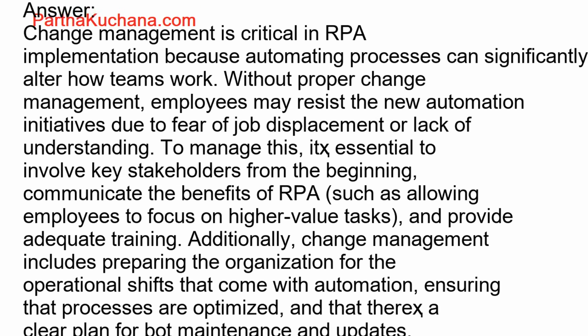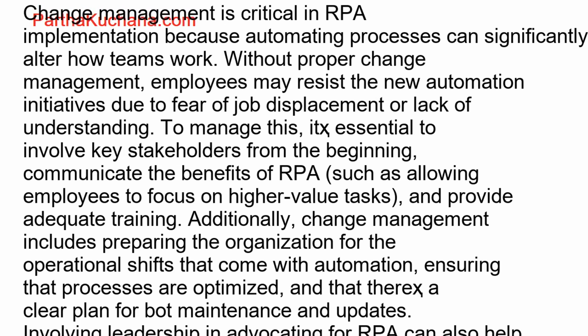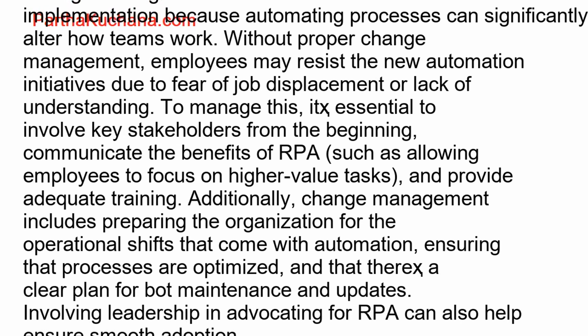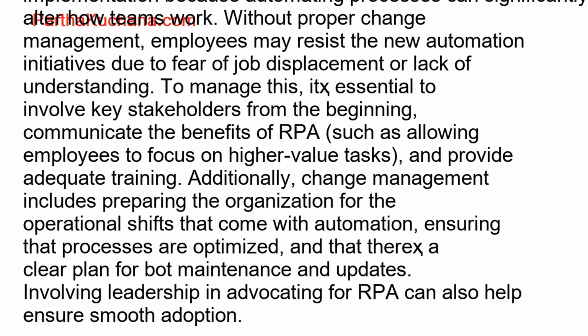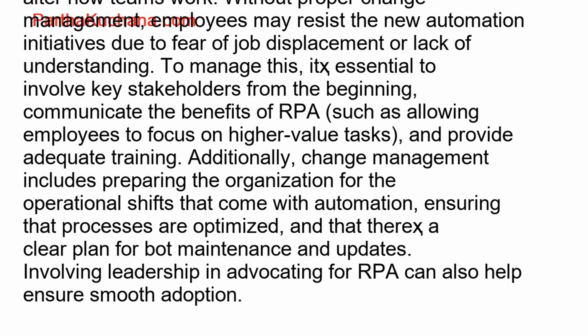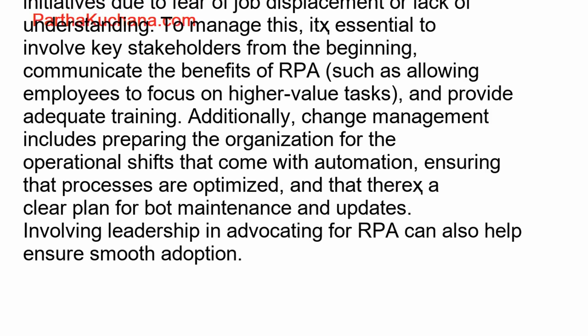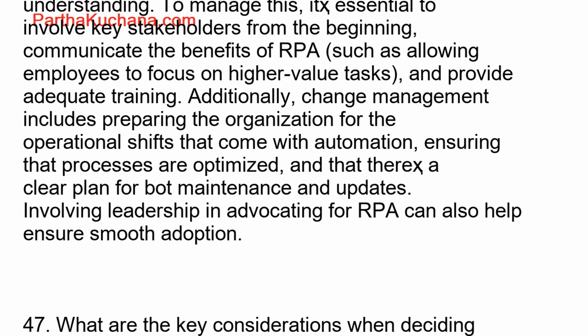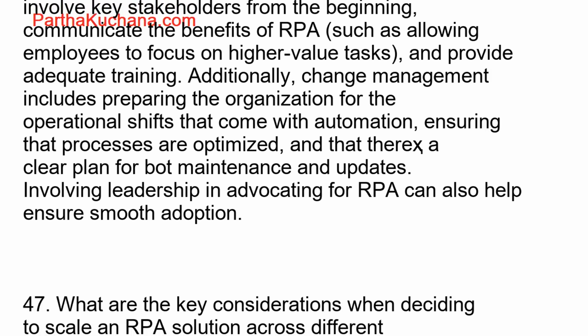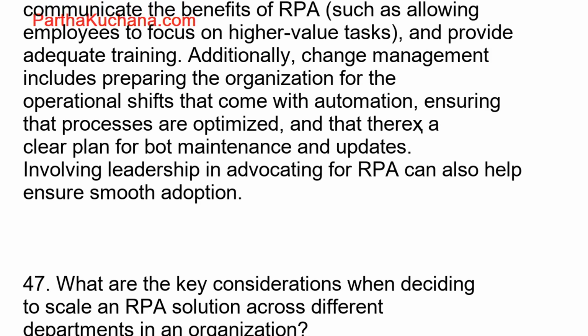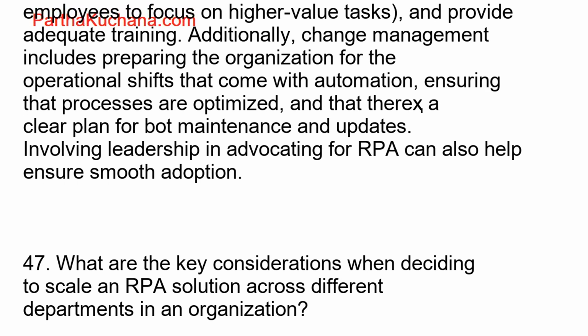Answer. When RPA bots become incompatible with a new version of a business application, the first step is to analyze the extent of the incompatibility. This may involve reviewing logs or debugging the bot to pinpoint where the automation is breaking down. Once the problem is identified, you can modify the bot's workflow to make it compatible with the new application version.